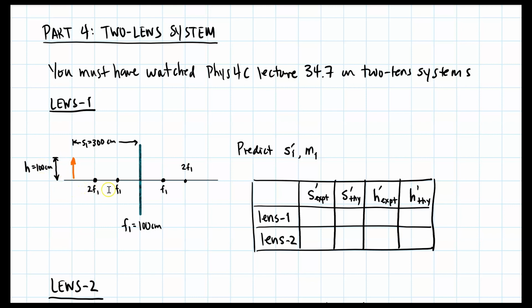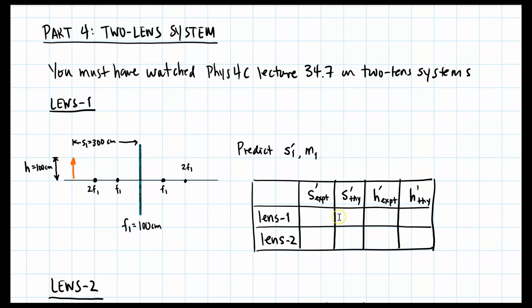So I have my f1 and f1 here, the near and far focal points. Using the thin lens equation, predict the location of image S1 prime. So I predict it and then go into the simulator and measure what that image is in the simulator, and then compare them.